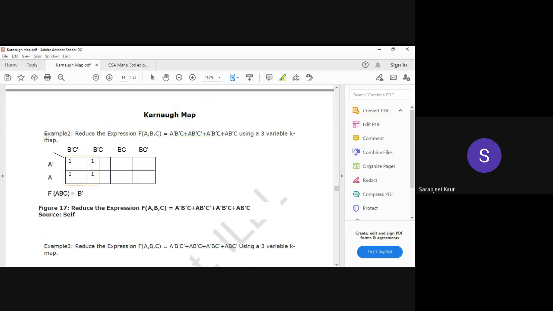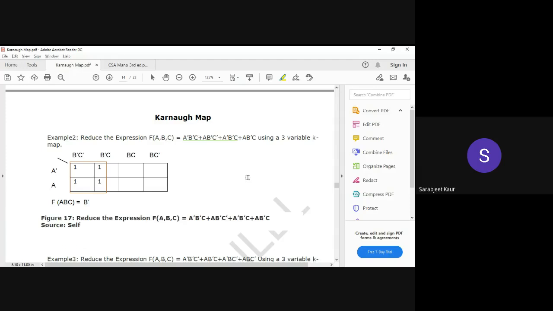Please see the example number 3 on your screens. The question is, reduce the expression using a 3 variable Karnaugh map. Can you see the question clearly? Right. So I want you to please try solving this yourself.